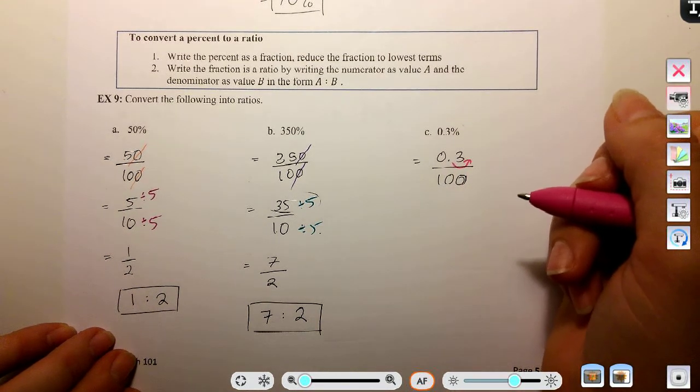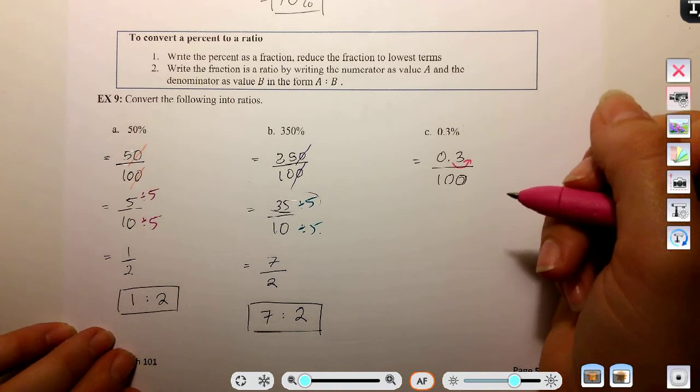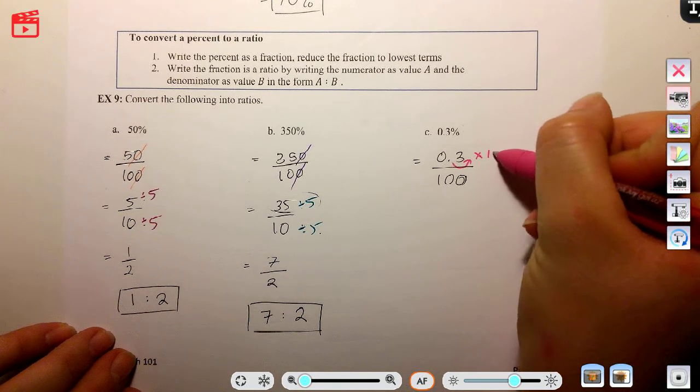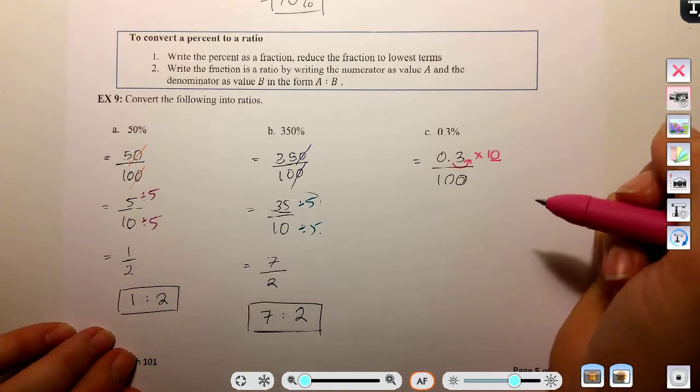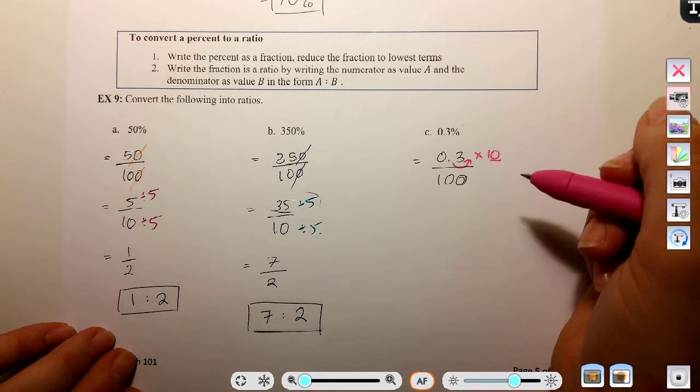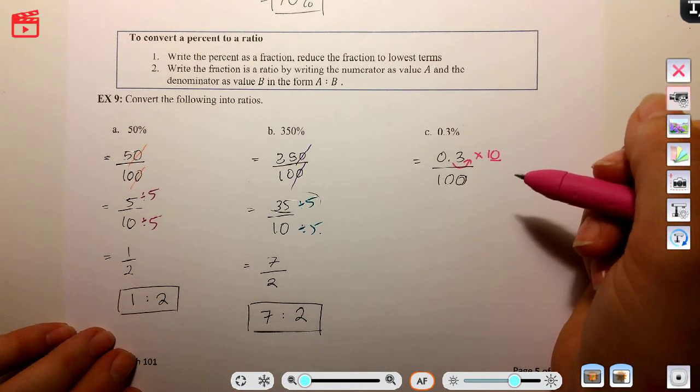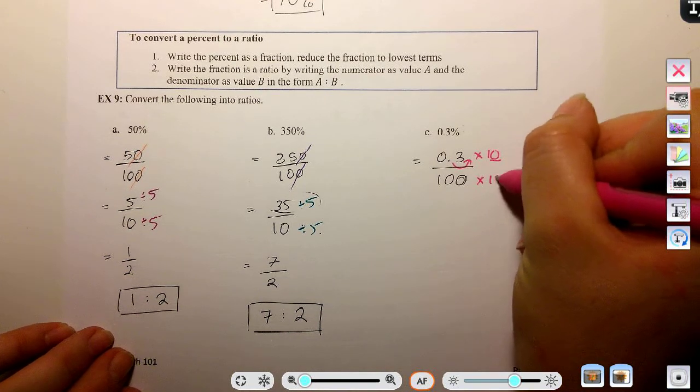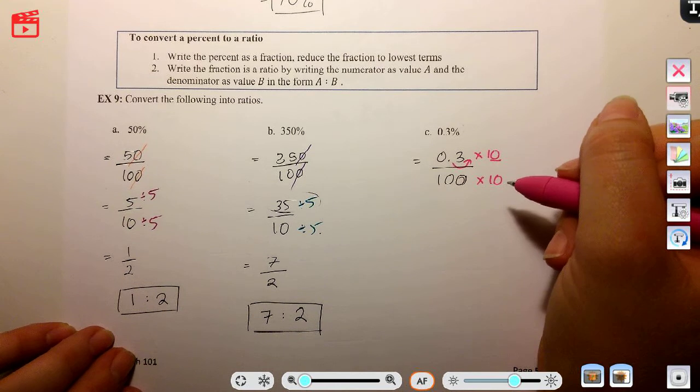It wouldn't be a decimal anymore. Well, since I only want to move it once, let's just multiply the top by 10. Because we have 1 0, we'd move the decimal over once. But whatever I multiply to the top, I have to multiply to the bottom. Yes, I hope you said bottom. If not, say the bottom.